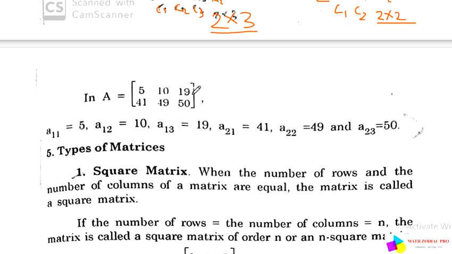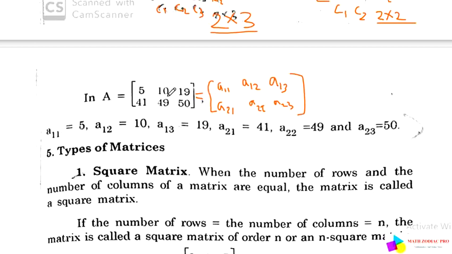The elements are A11, A12 and A13 in the first row, and A21, A22, A23 in the second row. Here A11 equals 5.